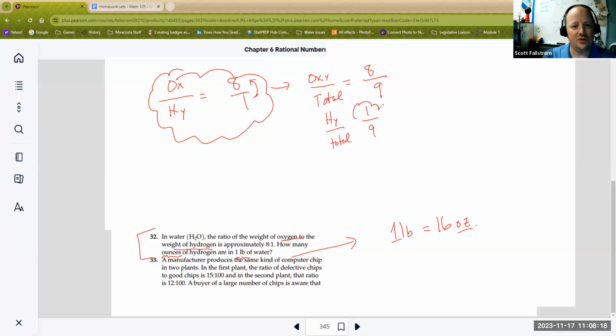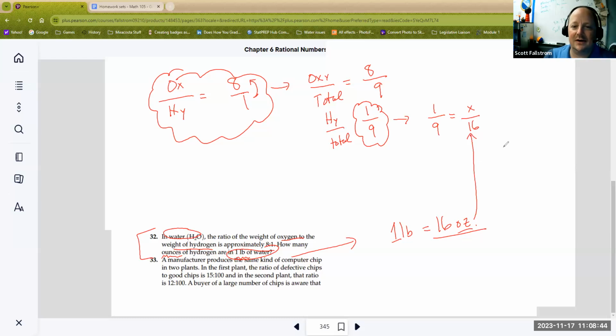And this is the ratio that we need to use because it says how many ounces of hydrogen are in 1 pound of water, and water is the combined piece. So what you can do is just set it up: 1 hydrogen to every 9 total. And how many ounces are there in 16? Again, because it's 1 pound of water. 1 pound is 16 ounces, and that's the ratio I have.